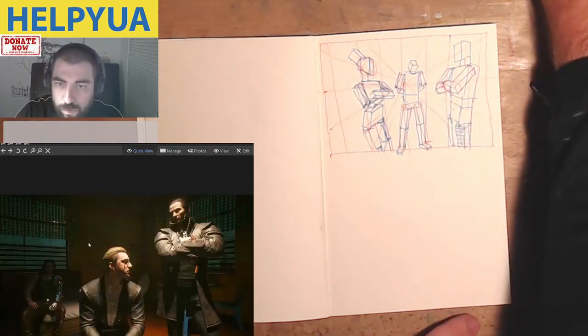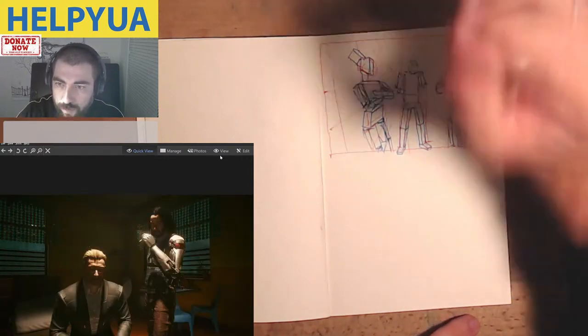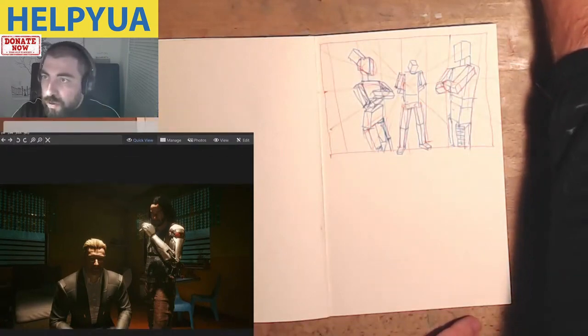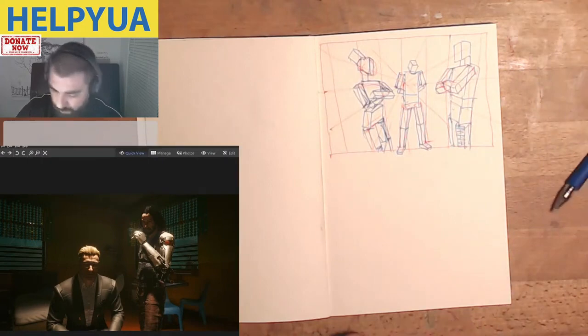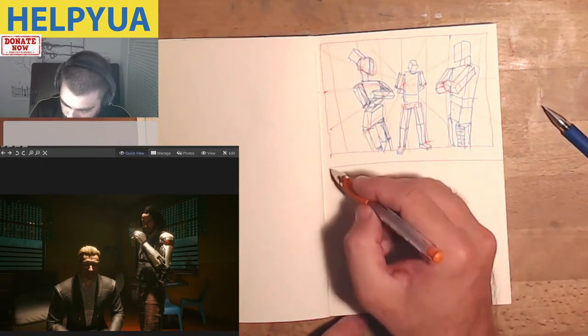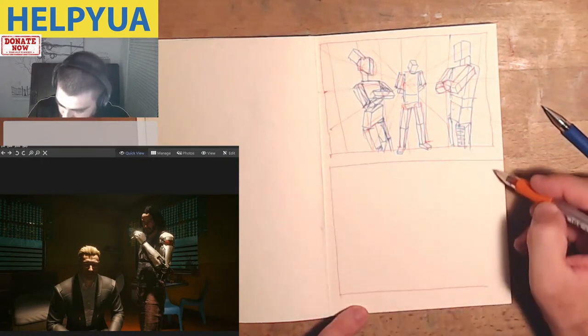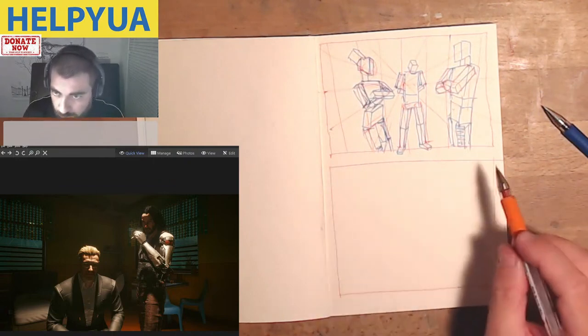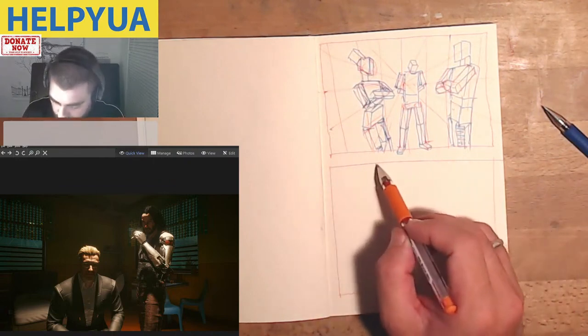Let's see the next one. Okay. Here we have this silver hand. So here we have a room.